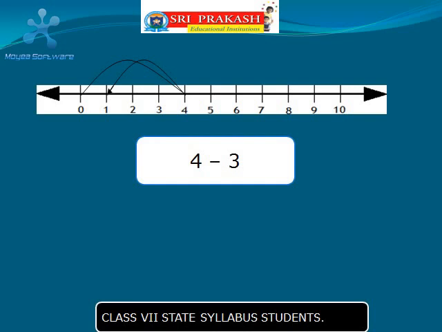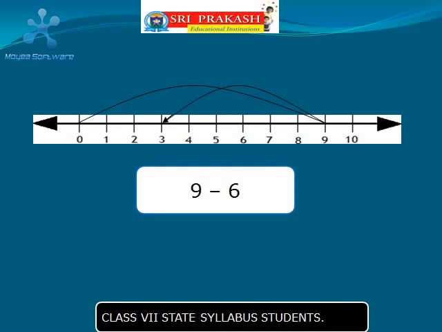The second number is minus 3. Minus means we should move towards left hand side. By how many units? By 3 units. So 3, 2, 1. We reach at 1. Hence the answer for 4 minus 3 is 1.